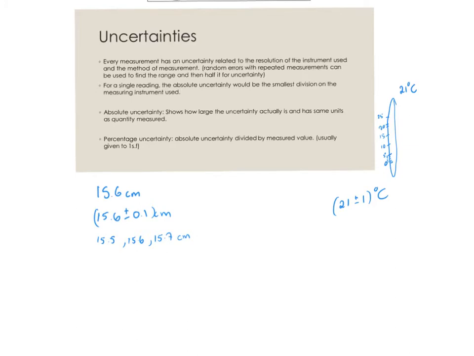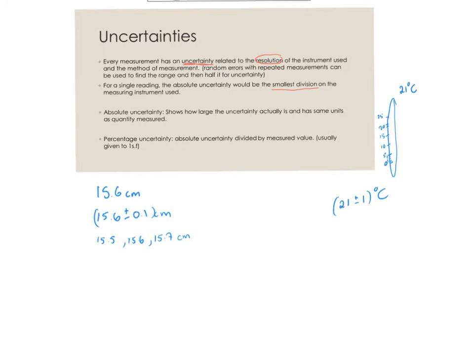So, like I said, every measurement has an uncertainty, and it is something that you'll have to get used to throughout the course. You'll learn more and more as we go through it. But the uncertainty is usually related to the resolution, which is the smallest division on a measuring instrument. Your millimeter ruler has the smallest value that you can read of 1 millimeter. You can't read half a millimeter because it's not marked down as half a millimeter.